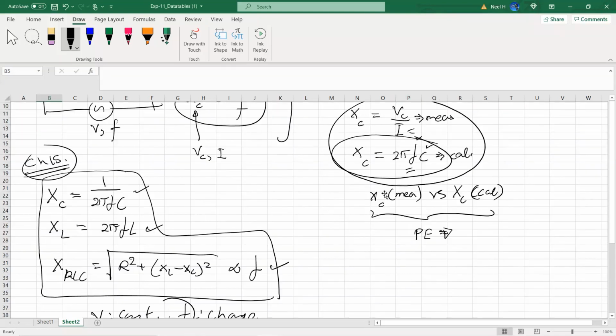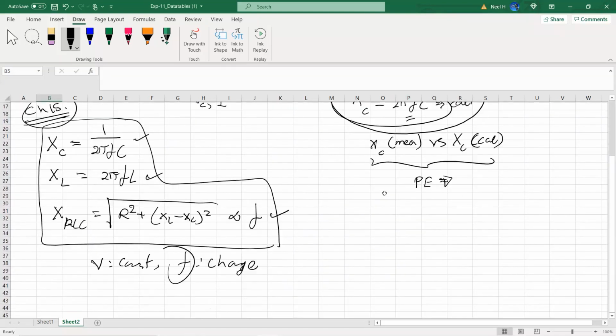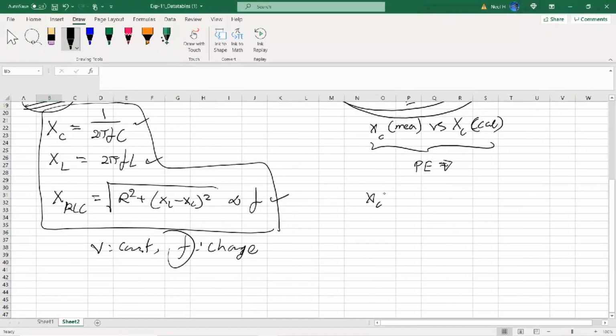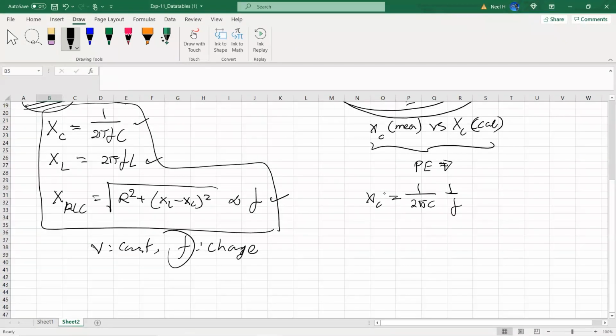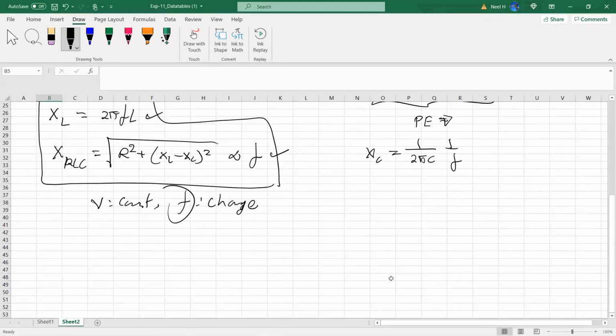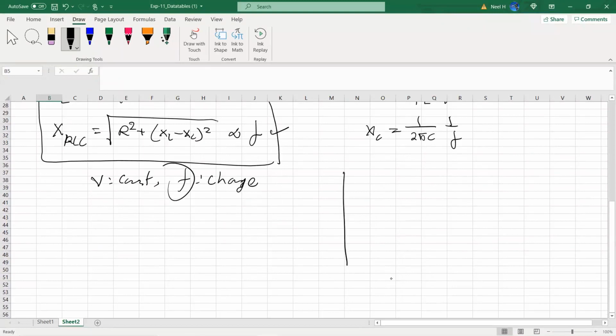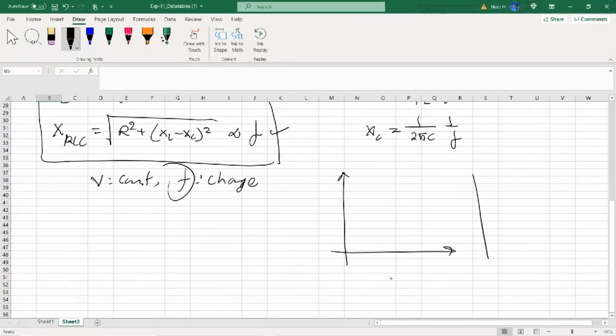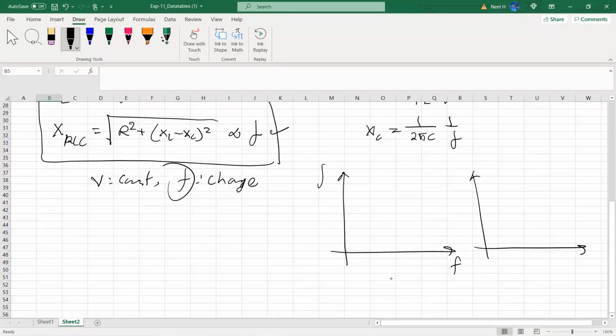And we can do a little bit more than that, because for a capacitor X of C is a function of 1 over 2 pi C times 1 over F. So I can look at that in terms of a graphical picture. We can make two graphs: frequency versus X of C, and 1 over frequency versus X of C. If I do a graph of frequency versus X of C, this should be inversely proportional, so it should be decreasing.